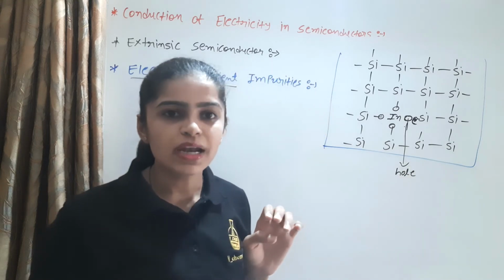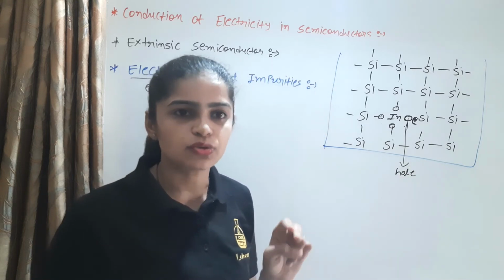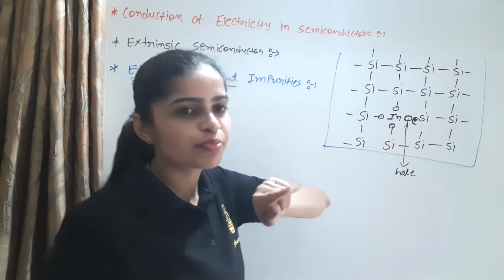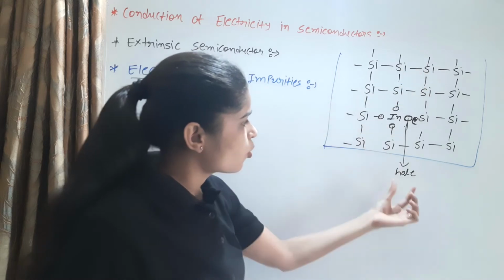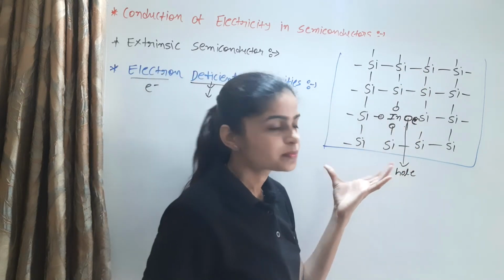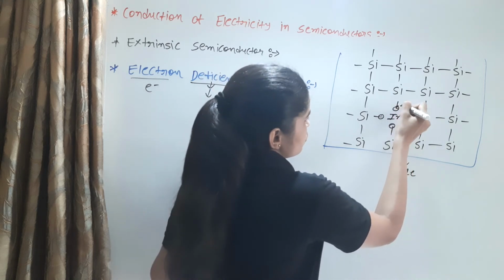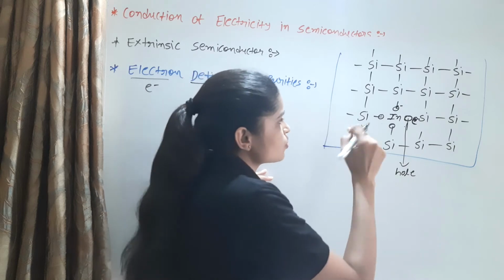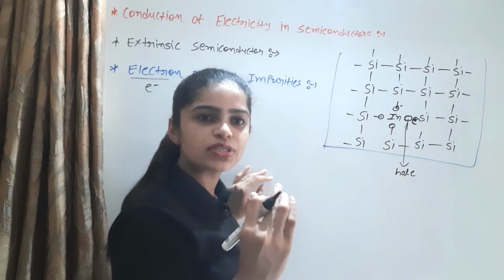Because a covalent bond is sharing of electrons, where 2 electrons are required, but in this bond 1 electron is present. This place is a hole. So that way 1 hole is present in this silicon crystal, where the electron has a negative charge and the hole has a positive charge. So electron and hole, negative and positive charge, attract.